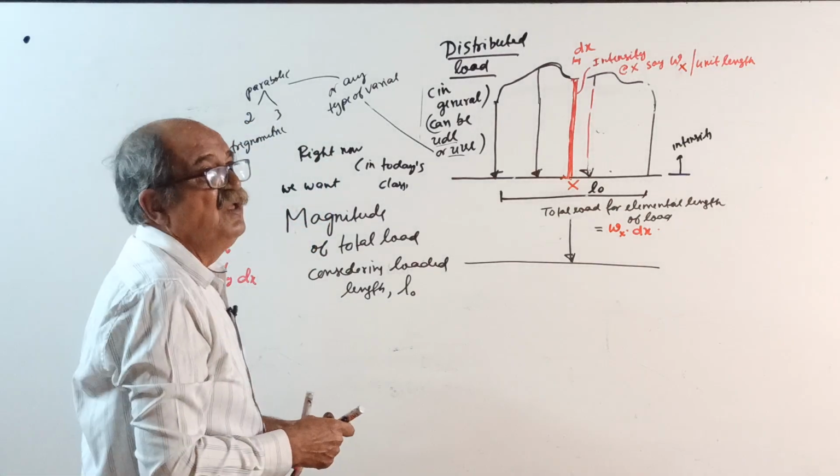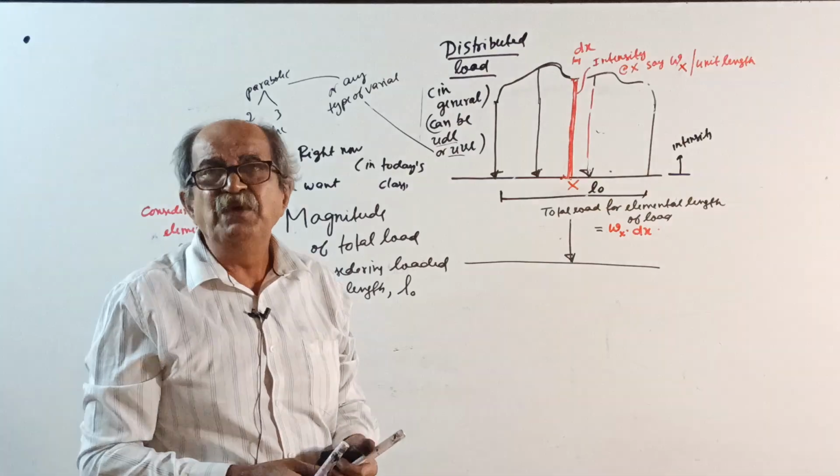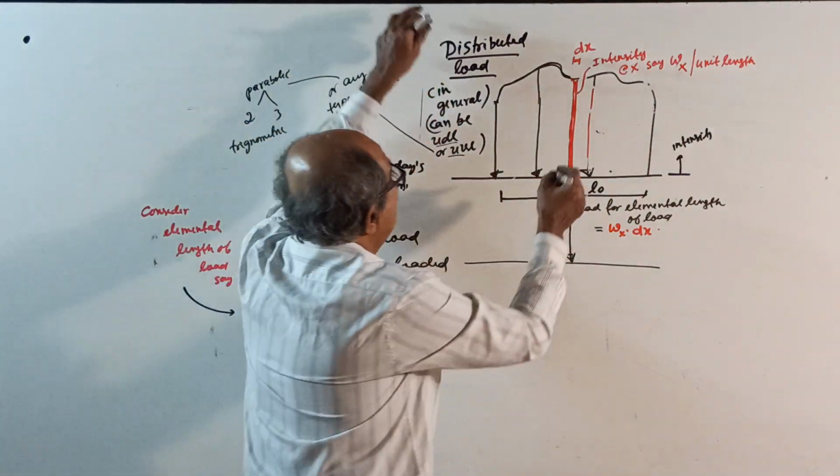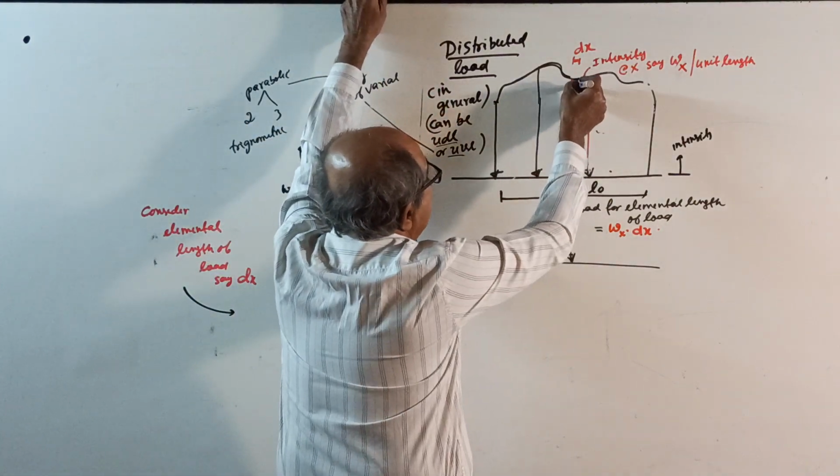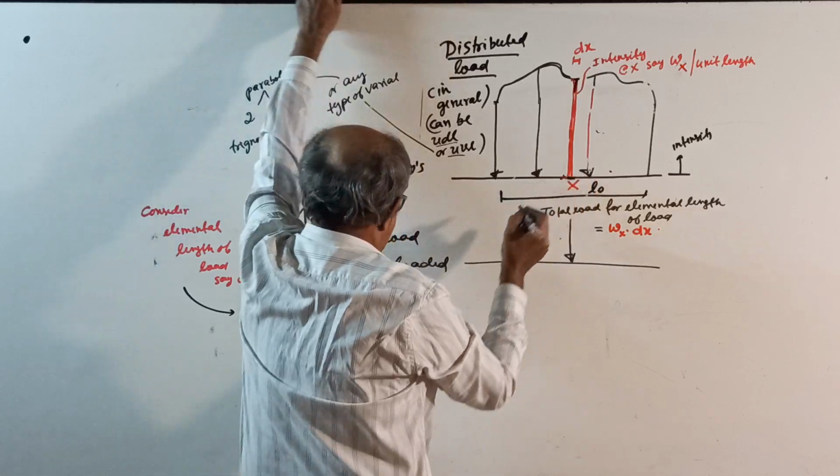Now write the statement here. Since dx is very small, you can tell intensity is constant for this loaded length.